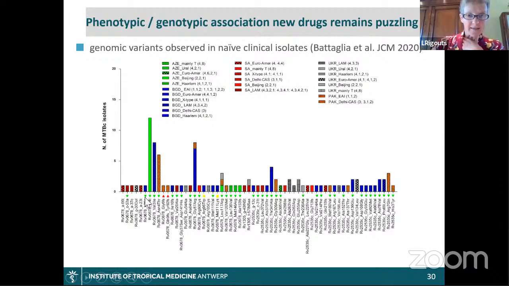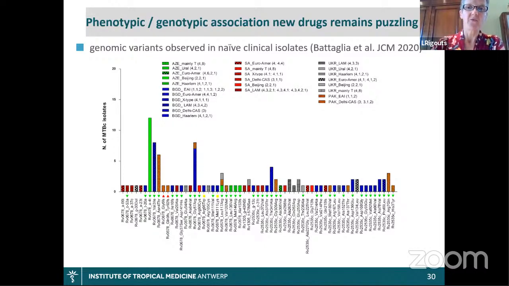But what's also striking, and maybe it's not that clear here, is that only the red triangles had elevated MIC levels, and the yellow ones had an intermediate increase of MIC levels. All the green ones didn't show increased MIC levels. So it is puzzling, yeah?